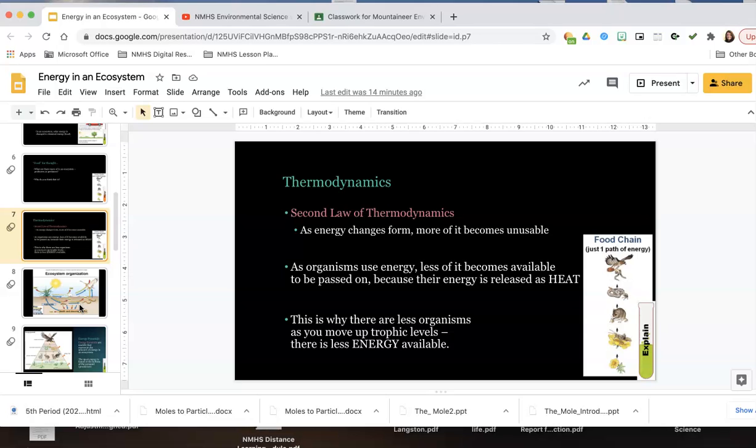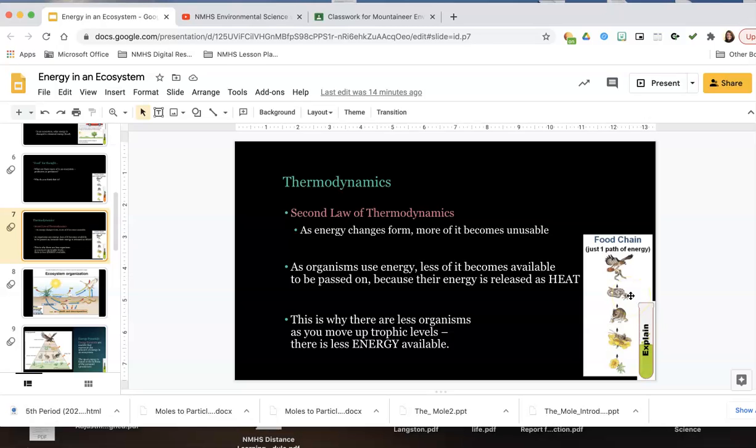There's less energy available. Think about the number of flowers in a field. Compare that to the number of grasshoppers in a field. There are more flowers than there are grasshoppers. Compare that to the number of mice in a field. There are definitely more grasshoppers in the field than there are mice. Compare that to snakes in the field. There are way fewer snakes in the field than there are mice.